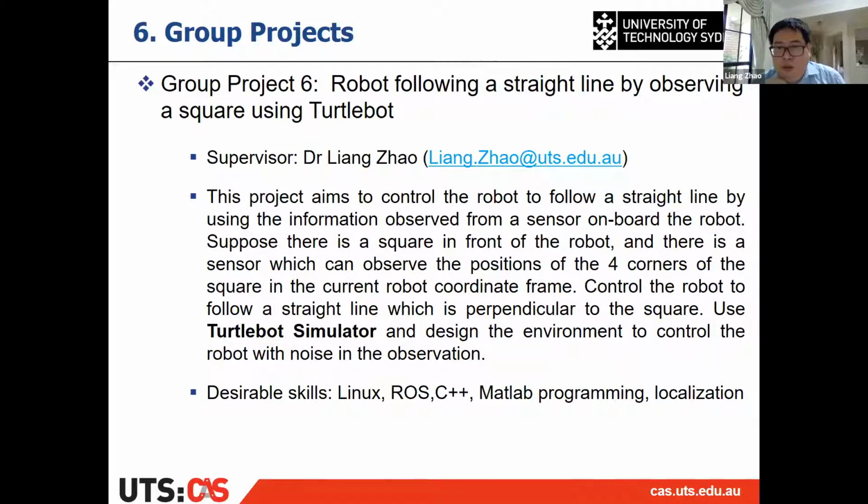So if you have a chance to look at the lecture notes of the visual servoing, from the 4 points of a square, you can calculate the control, which is the linear and angular velocities to control the robot or the camera to follow that.